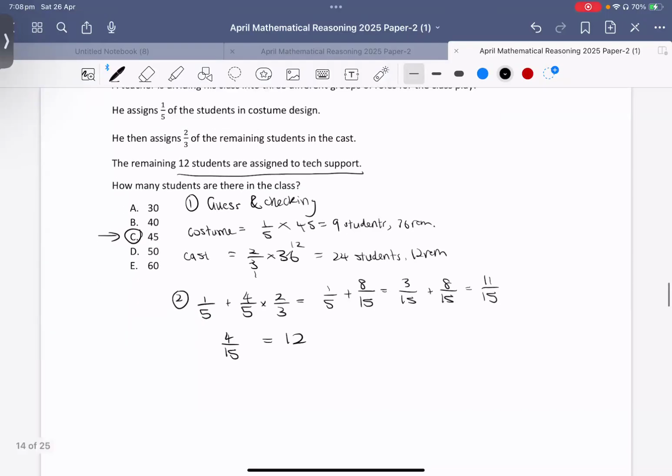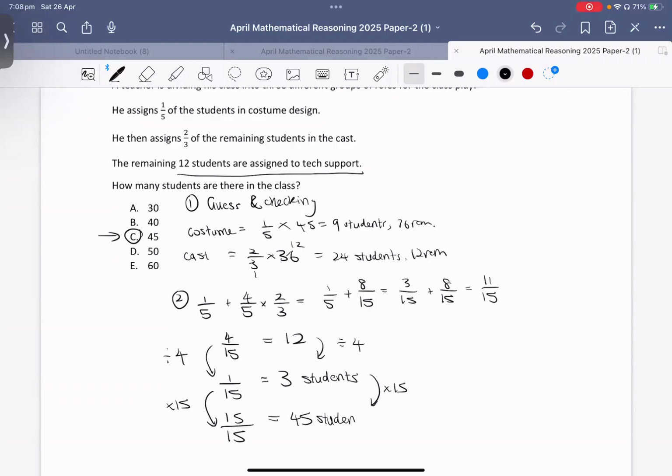And what we can do there is we can divide both sides here by 4. That gives us 1/15 equals to 3 students. So if 1/15 of the class equals to 3, then the whole class, aka 15/15, would equal to 3 times 15, which is 45 students.